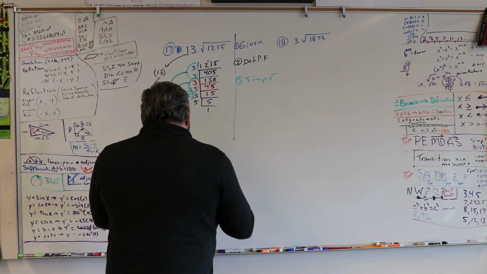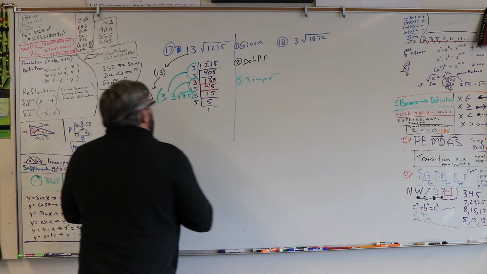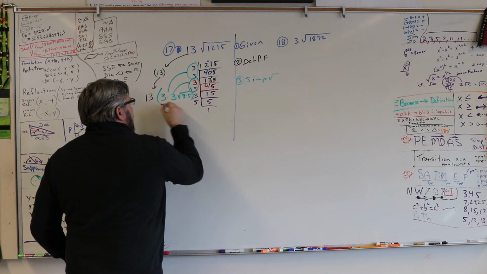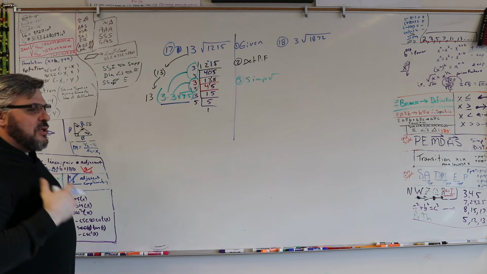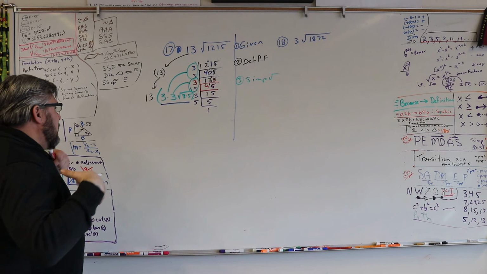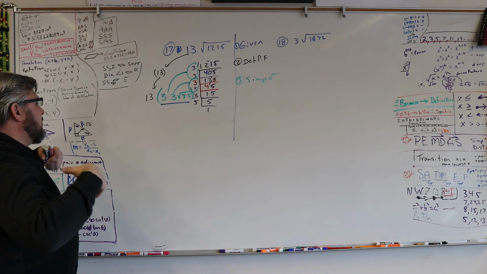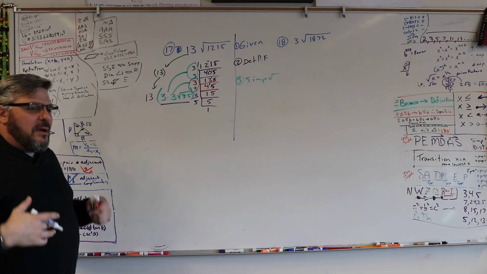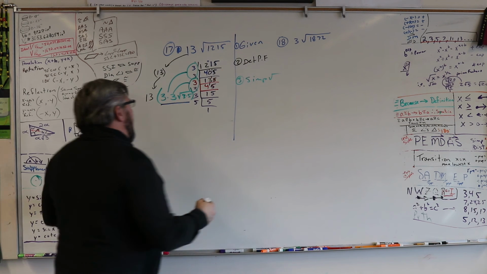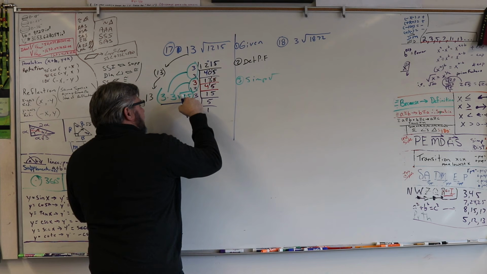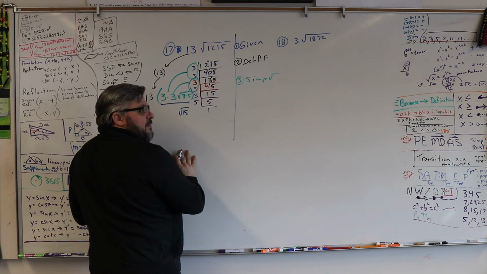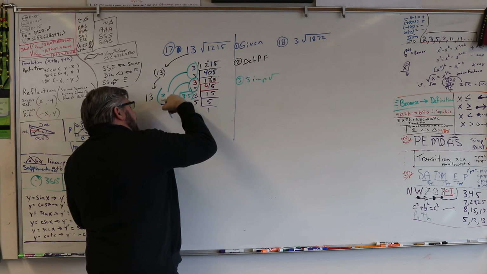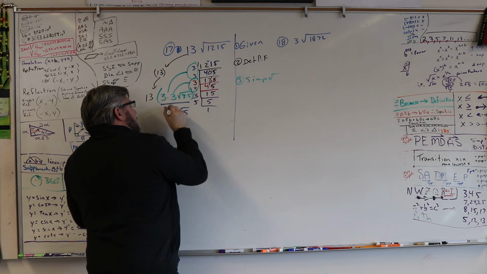Okay? Alright, next. Now we want to PIMDOS this, right? PIMDOS. So we want to do exponents, parentheses, all that stuff. Well, we want to get these together. So I know that that's really the square root of 15, right? Now I want to get these together, so I know that that's 9.